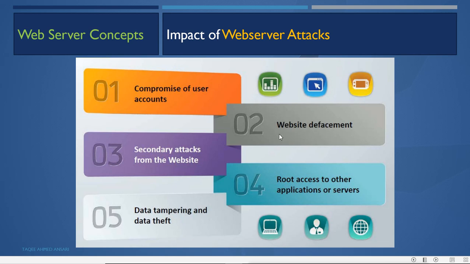For that, the attacker does the defacement of the original or legitimate site, to redirect the user somewhere else. Secondary attack from the website means it uses the same server to attack somebody else. Root access to other applications means if the server has multiple applications, compromising one application can lead to attacks on different applications also, and then they can tamper with the data and steal the data. These are the impacts of a web server attack.